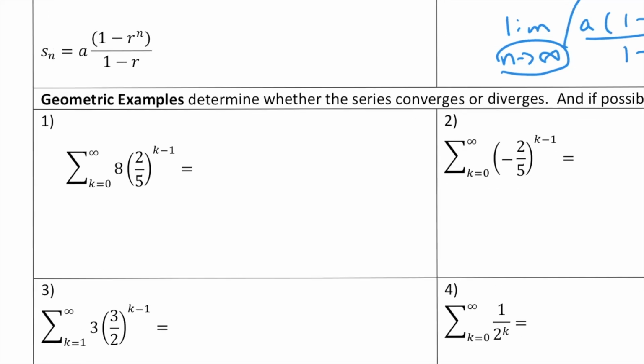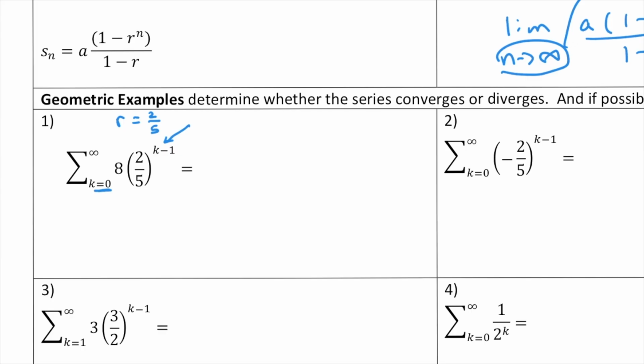We definitely have a geometric series, and our r value is equal to 2 over 5, which is less than 1. However, the index is starting at 0. When you substitute 0 into your exponent, you do not get 2/5 to the 0 power. We're going to have to do some special things.